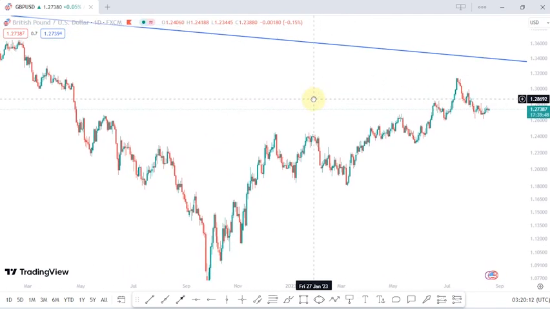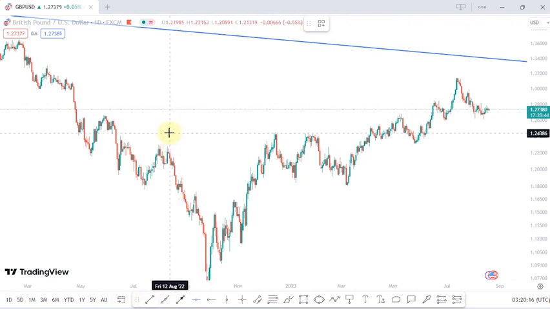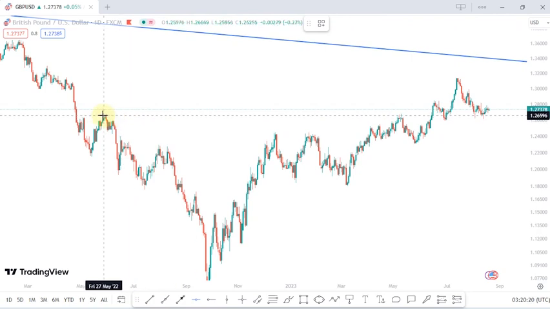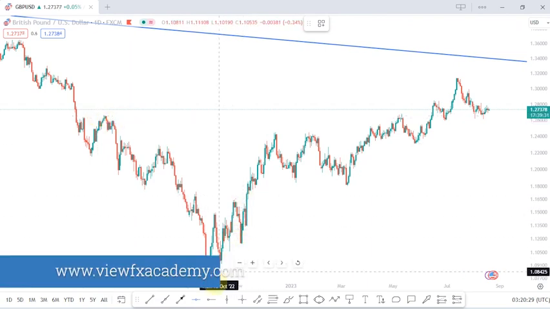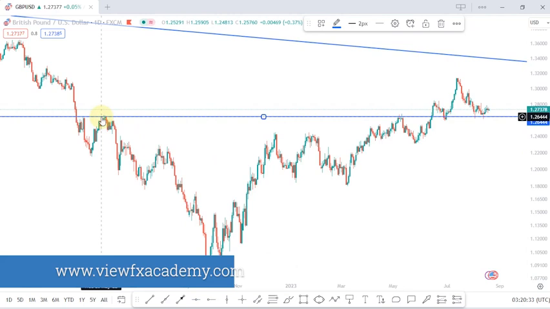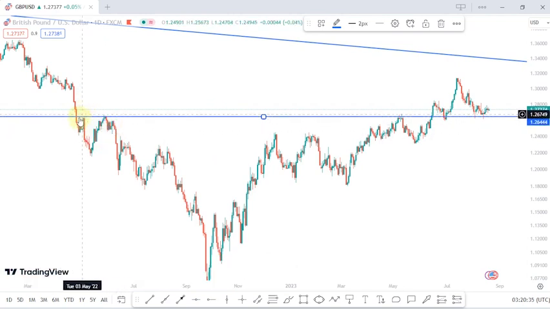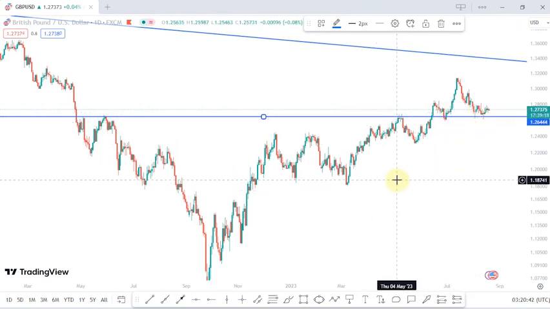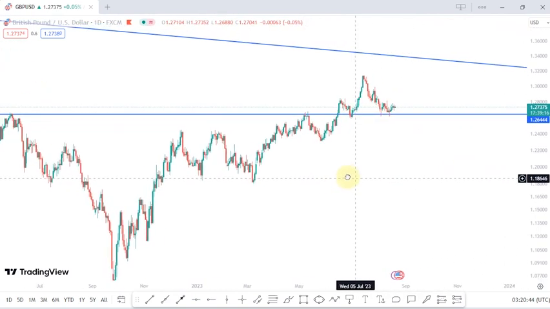So let's see what we can do here. If you look very well, you can see we have a support and resistance level here, a very strong one at that. So you can place it here, and you can see reactions here, reactions here, reactions here, reaction here, and here. So that is our support and resistance.